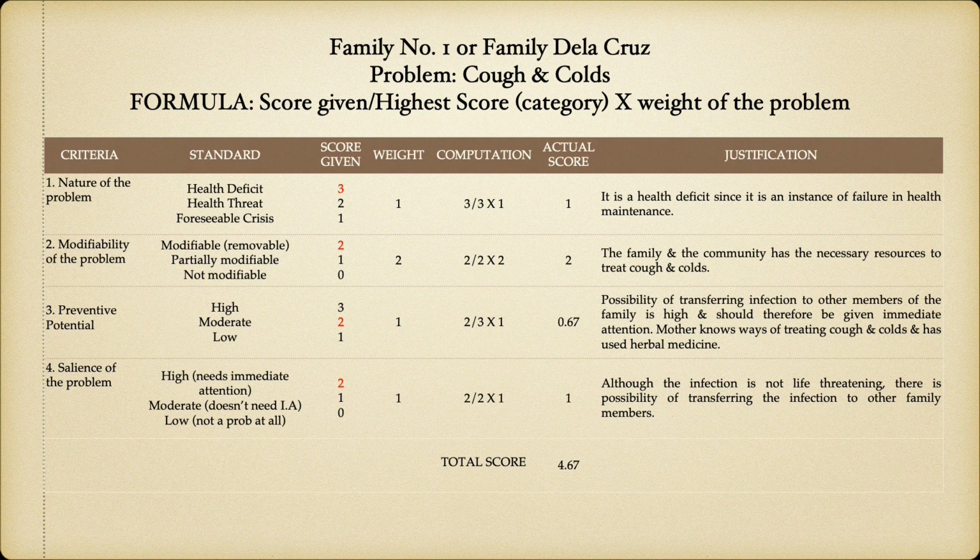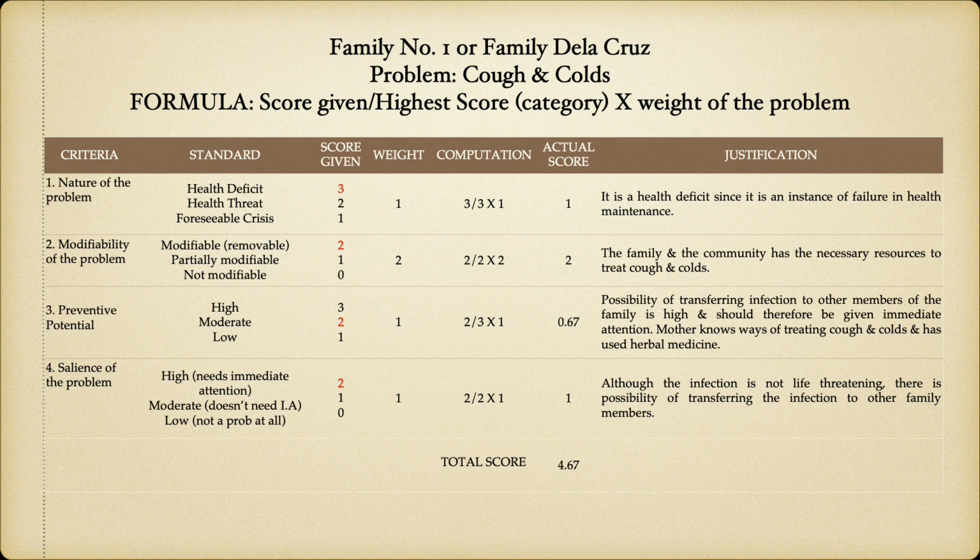So, actual score is 2. Our justification for that is that the family and the community has the necessary resources to treat cough and colds. No? Kaya there are kanang health centers in the nearby places and also clinics, no? Mga hospitals, private clinics.